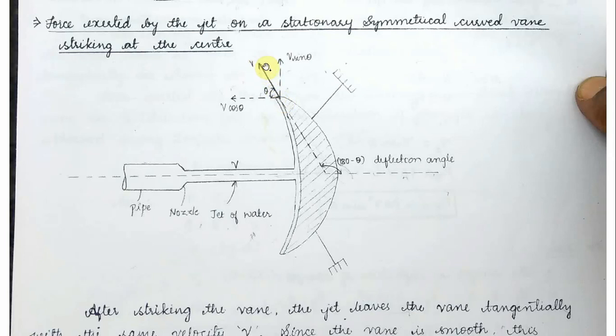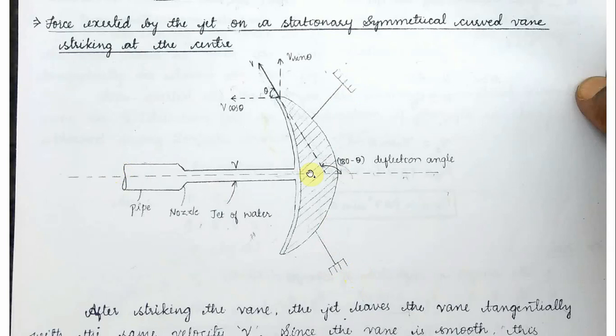I will call this velocity v, which is hitting the vane and passing over it. As it is inclined, we are going to resolve it into a horizontal component and a vertical component. Before that, this is a fixed vane, it is not moving.